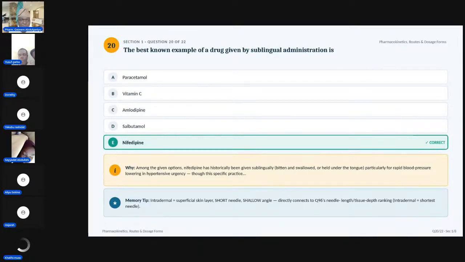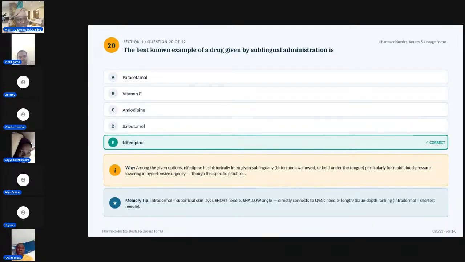Are we together? So this question now says the best known example of a drug given by sublingual administration is. Have you seen paracetamol kept under the tongue before? No. If you keep vitamin C under your tongue, what will it do for you?